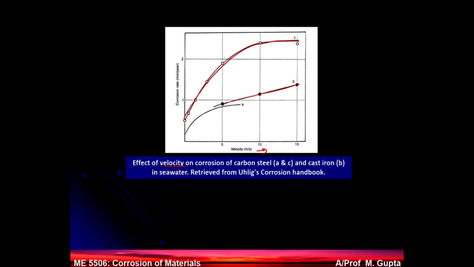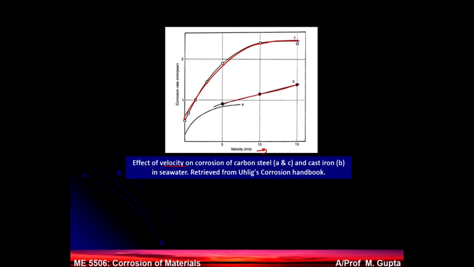It will depend actually on the type of material that you are using, because what happens at times is that when the velocity is going up, it's also giving you the supply of oxygen, especially true for the stainless steel.